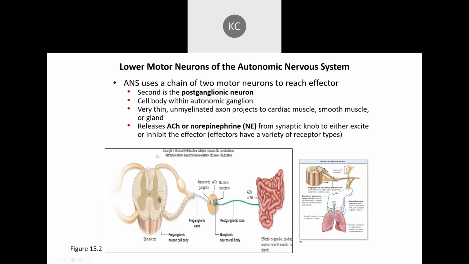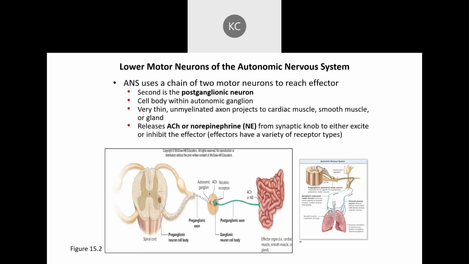Now, the difference in this neurotransmitter we'll also get to later in this lecture, but these have different types of receptors. So not only are there different neurotransmitters, there are different receptors for each neurotransmitter. Acetylcholine has a couple of different receptors that it could bind to. Norepinephrine also has a couple of different receptors that it could bind to.